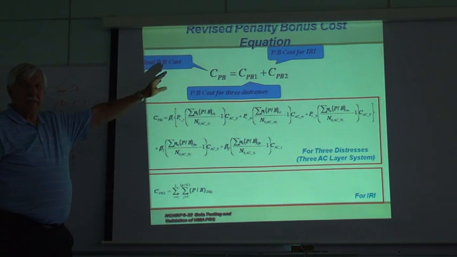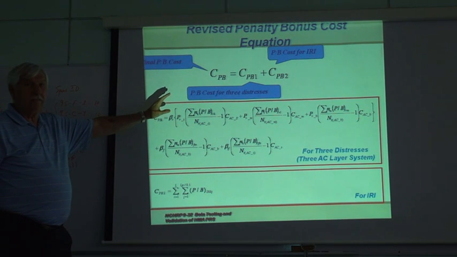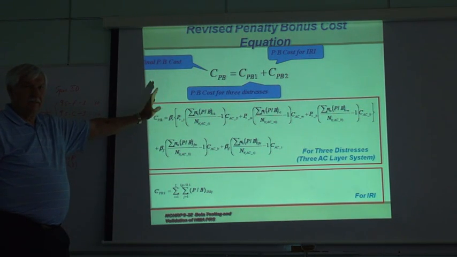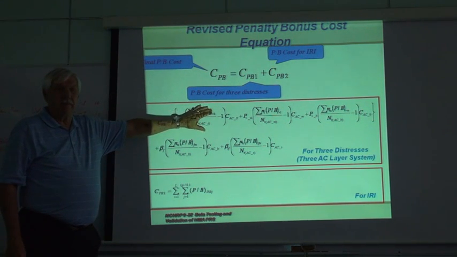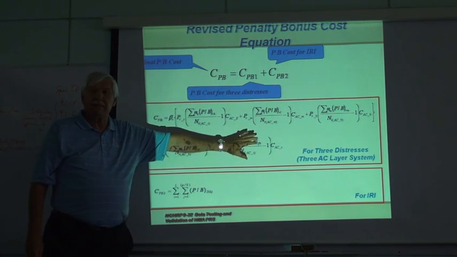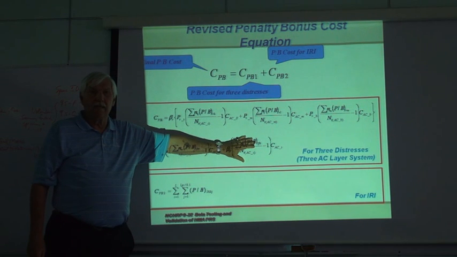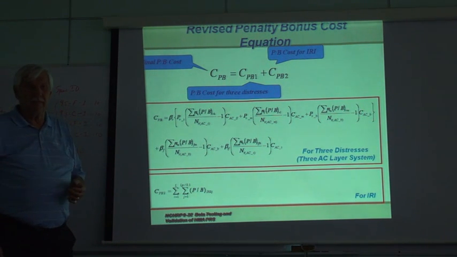So you have the capability to reward or penalize the contractor for the following distresses. If he does a poor job at rutting, if he does a poor job with getting a mix that's going to crack, if he does a poor job in selecting his binder content and binder type for thermal fracture, and if he does a very rough job to begin with.